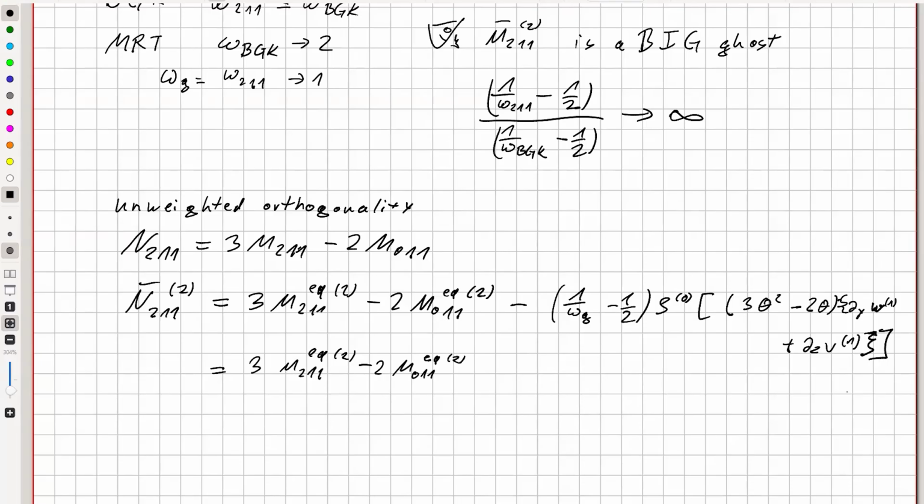We are not looking into the detail what this is. They are just functions of u, v and w, obviously.